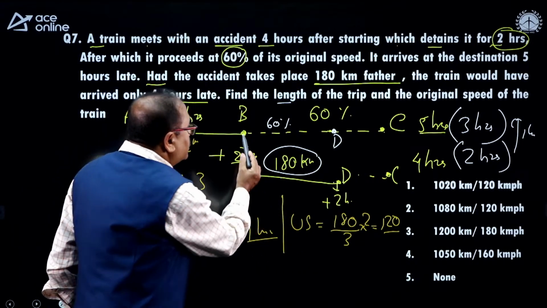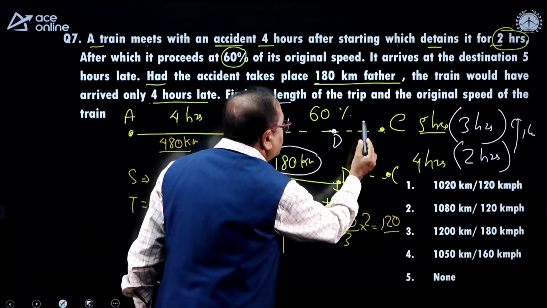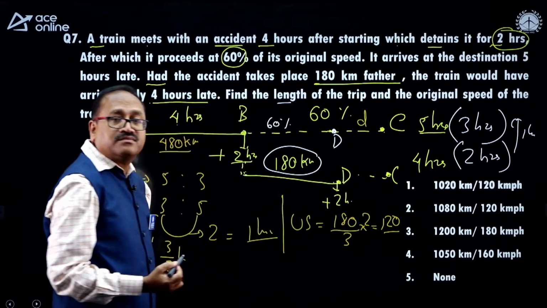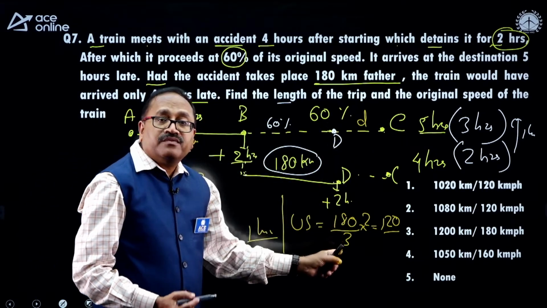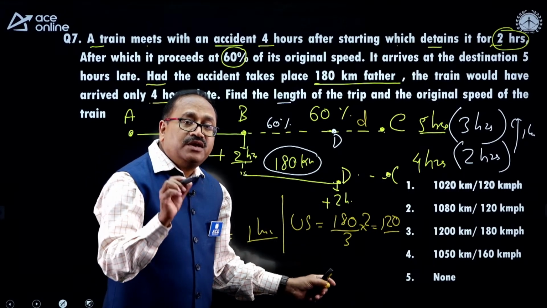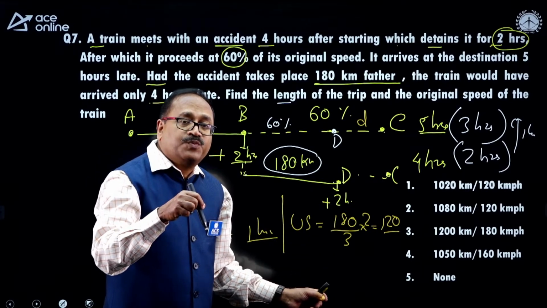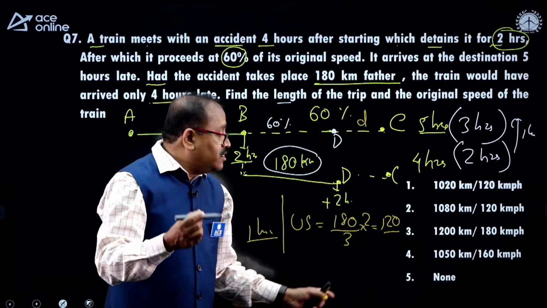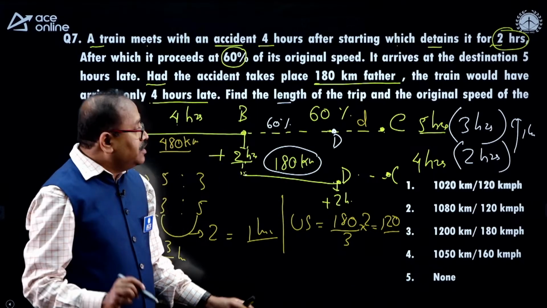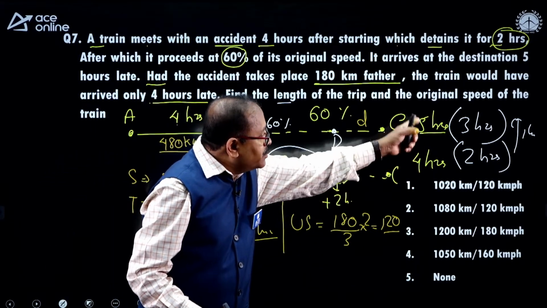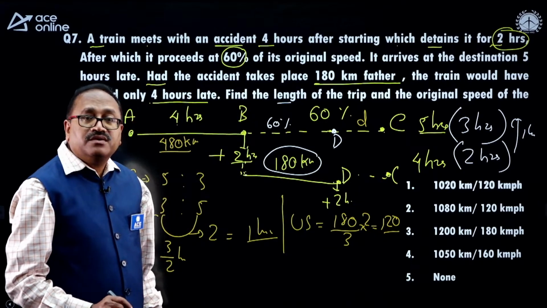So if I consider this entire part BC as D, so distance by speed, what is that speed? I will take the reduced speed in one case and I will take the usual speed in the other case. Then the time difference will be 1 hour. Is it?